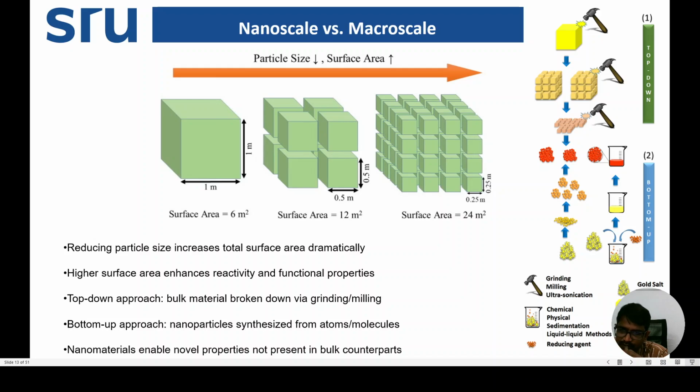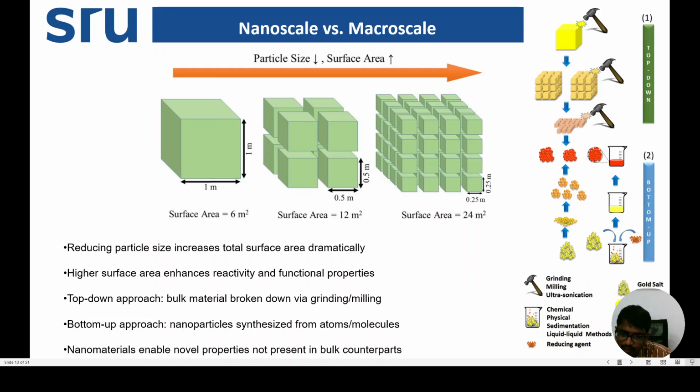When one dimension of a particle comes within 100 nanometers, it is a nanomaterial. This is the top-down approach. But if you take atoms at the atomic level and use chemical synthesis processes, we can make it bottom-up.